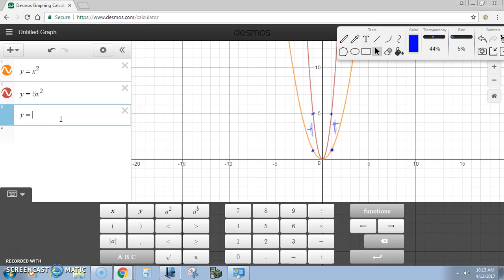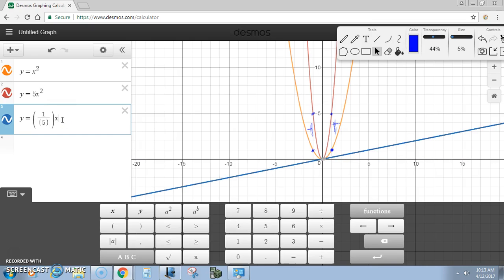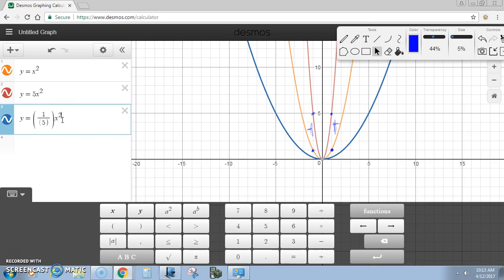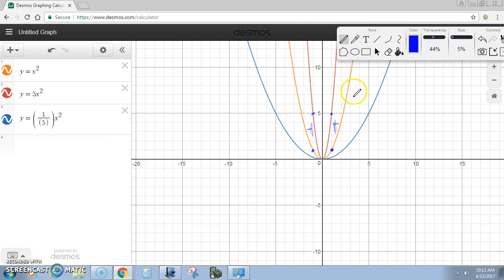So let's do y equals, and then in parentheses, 1 divided by 5, x, and then squared. Oops, that x squared, it went that way because it was on the denominator. Let's put it on the outside, x squared, okay? So fatter, so look over here, you guys.